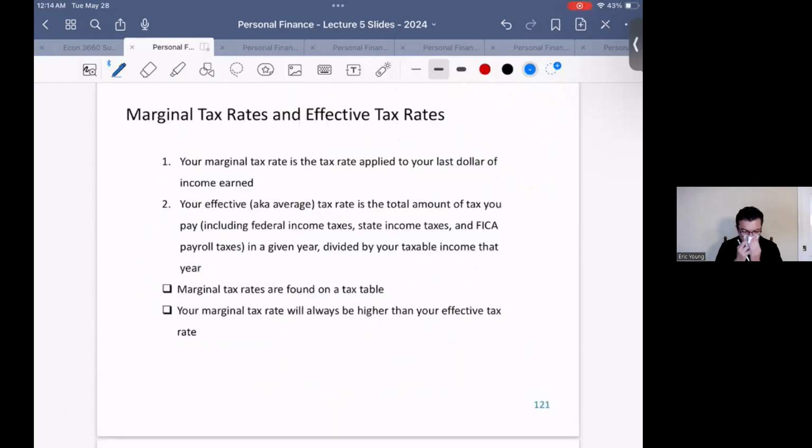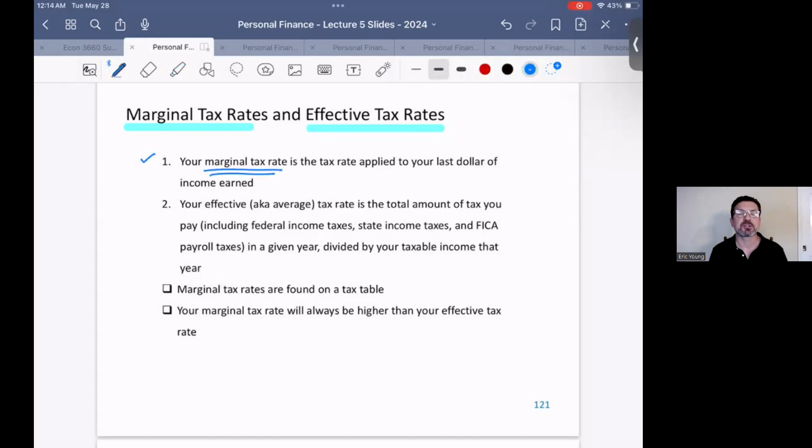Now, let's move down into a bit of a more technical thing. We have to drill down. We're talking now in this slide about what are called marginal tax rates and effective tax rates. Now, these are really important terms. Let's talk them through. Your marginal tax rate, this is a technical term.